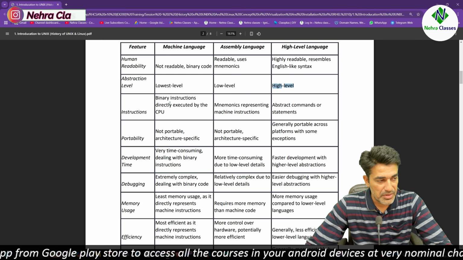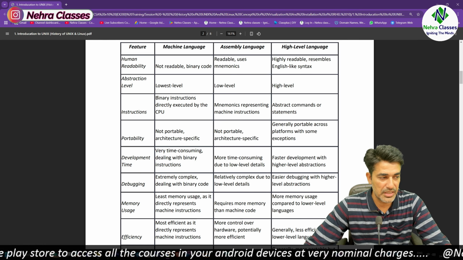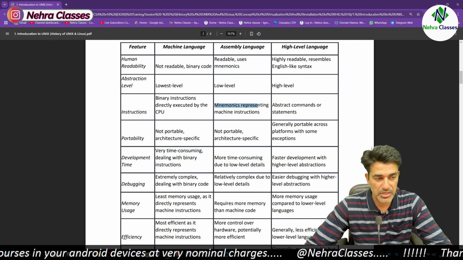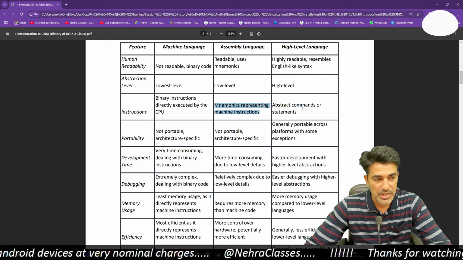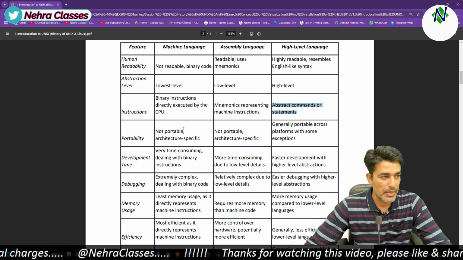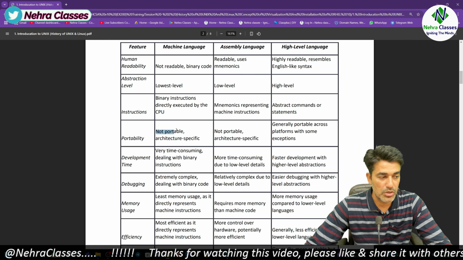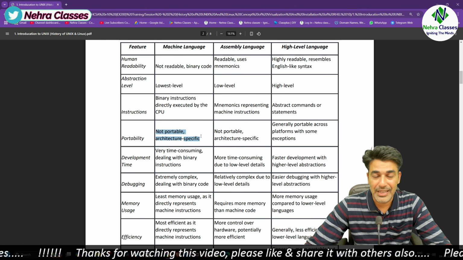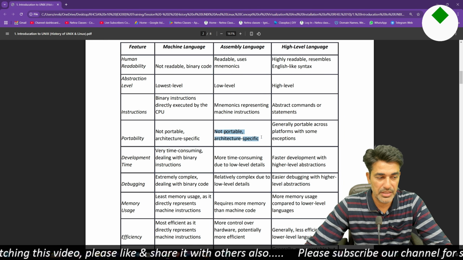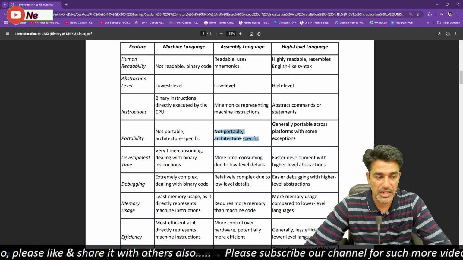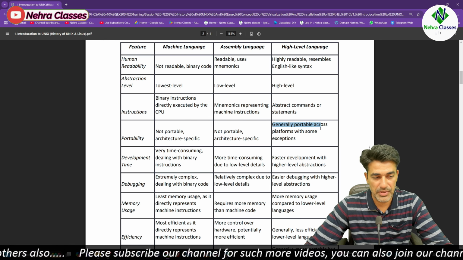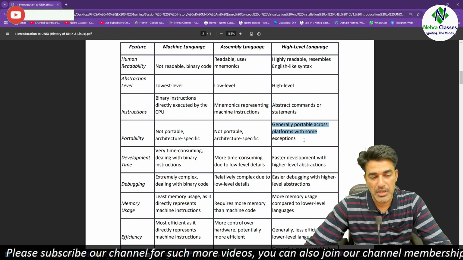Machine language uses binary instructions directly executed by the CPU. Assembly language uses mnemonics representing the machine instructions, and high level language uses abstract commands or statements. Machine level language is not portable, it is architecture specific. Assembly level language is not portable and architecture specific, while the high level language is generally portable across different platforms with some exceptions.